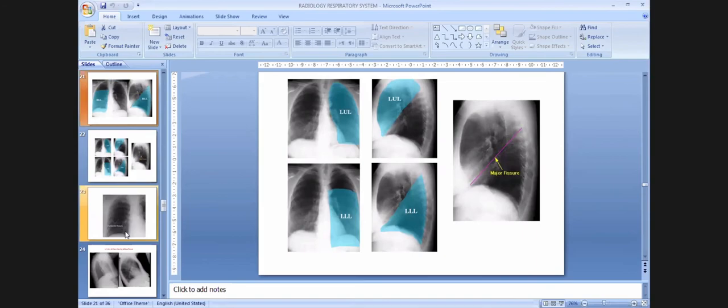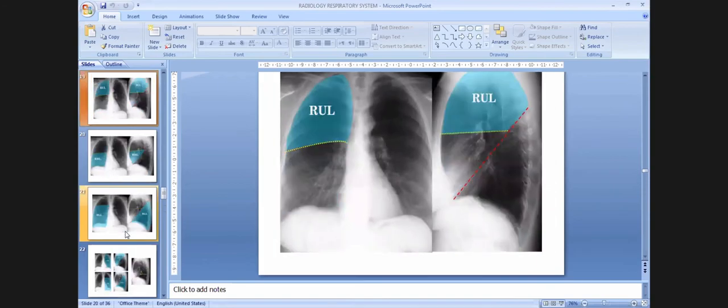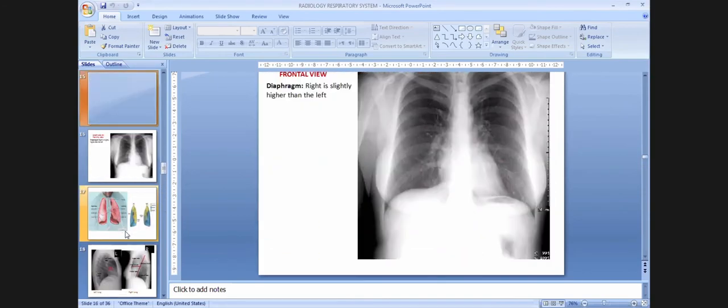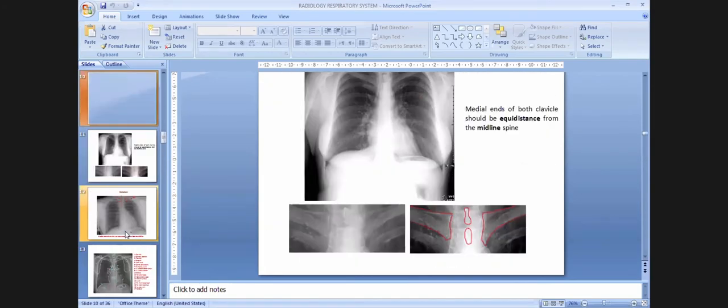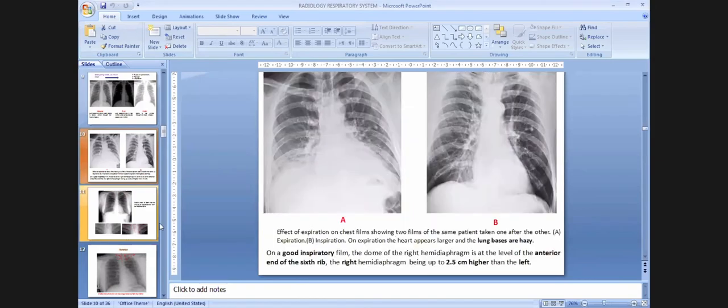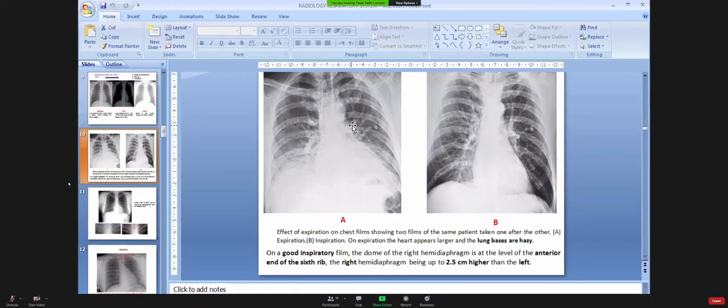Concerning the OSPI, I'm not going to ask you about the quality of the X-ray, whether it is expiratory, inspiratory, rotated, or what. But in the theory, it may be asked.